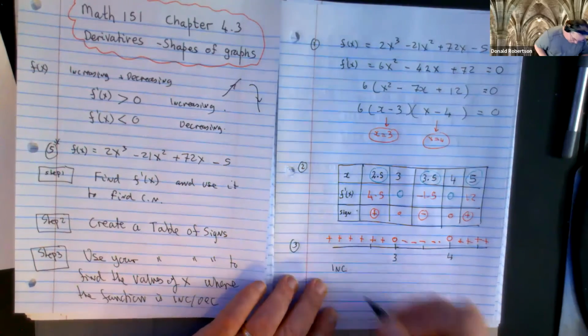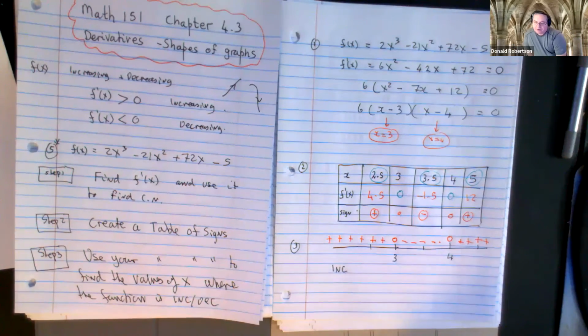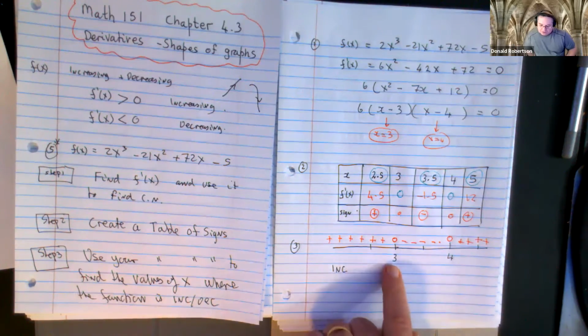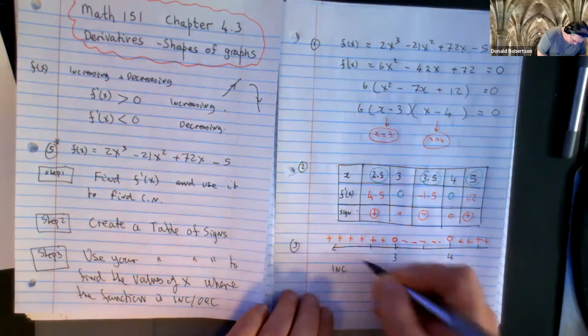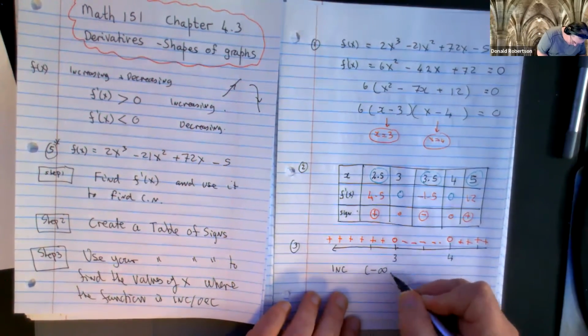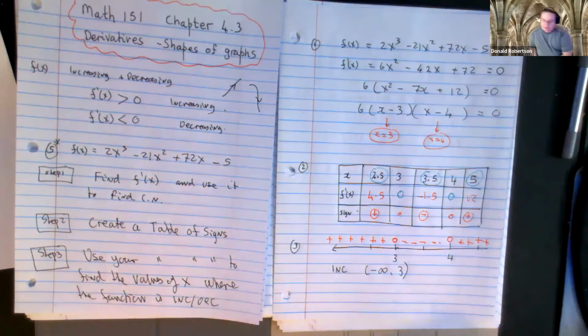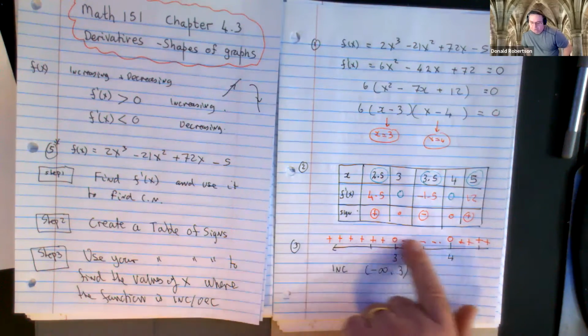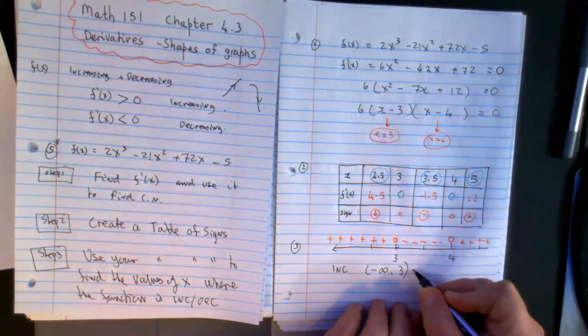It's increasing when the derivative is positive. Isn't the derivative positive from negative infinity up to 3? You don't count it. Where else is this function positive? What values of x is this function positive? 4 to positive infinity.